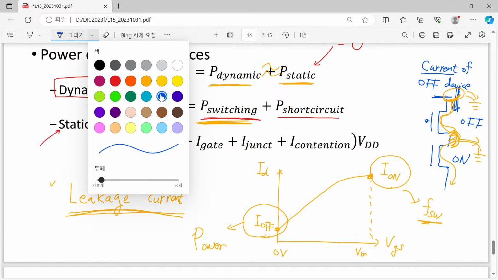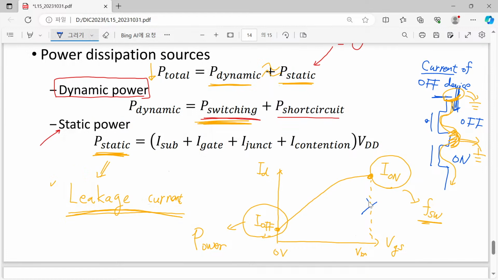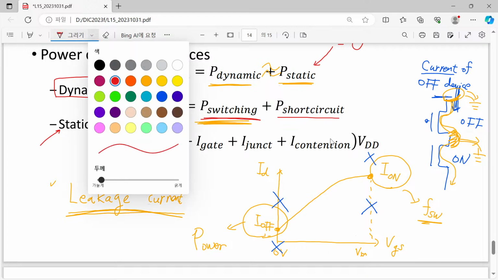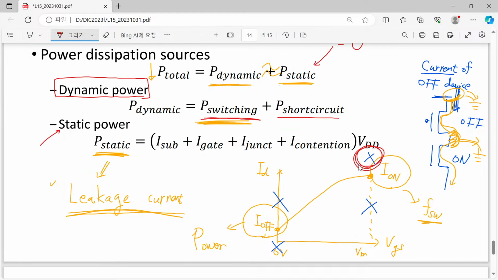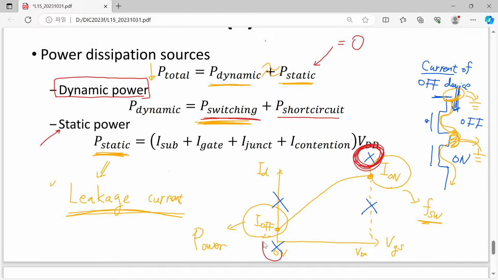If your dream is a super fast but super power efficient system, where should I-on be, this place or that place? Also, for power consumption, what is desirable, here or there? Everybody understands the desirable point is here and there.